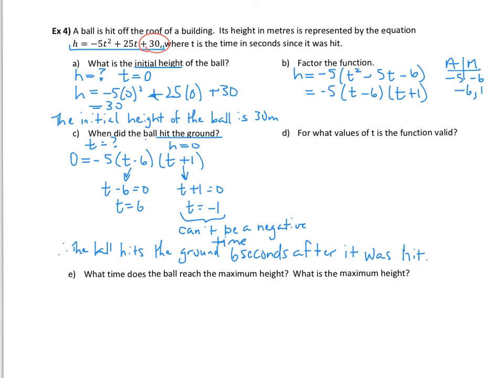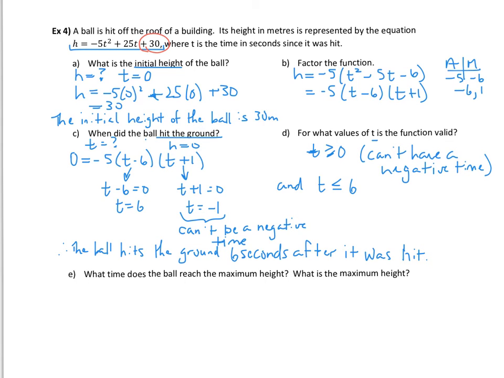For what values of t is the function valid? So we talked already about the fact that we can't have negative time. So it means t has to be greater than or equal to 0, because we can't have a negative time. And this function, this parabola, only makes sense until the ball hits the ground. So it's only going to make sense up until t has to be less than or equal to 6.